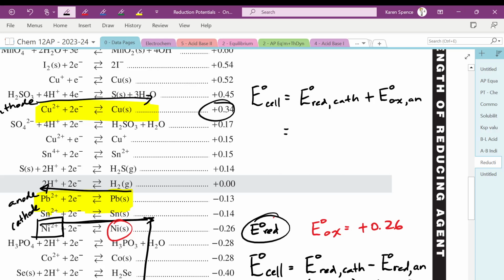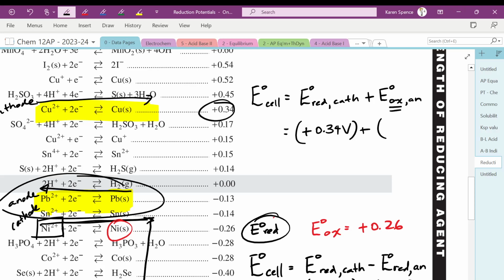It's going to be positive 0.34 volts. And we're going to now add, what is the oxidation potential for your anode? Positive 0.13 volts. And so you end up with 0.47 volts. Is good? Yes.